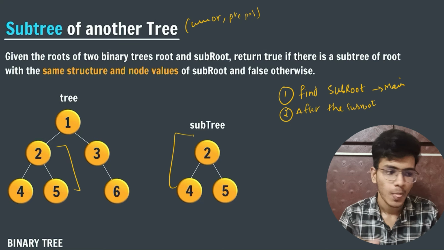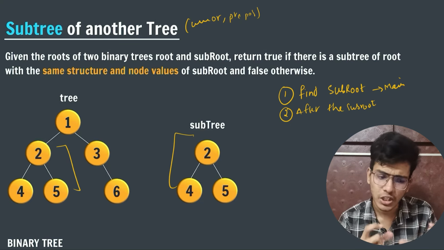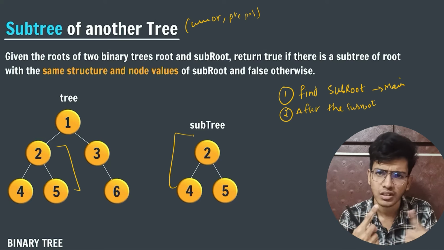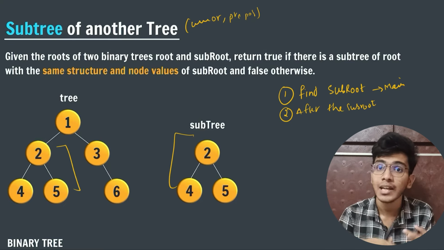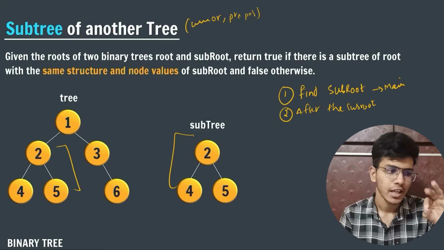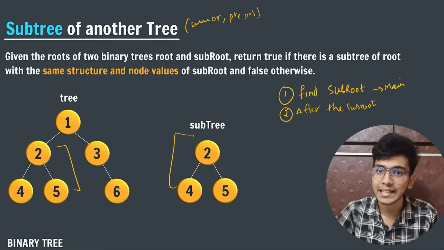Now how can I tell whether this subtree is identical to this part? To tell whether the tree is identical, instead of checking every condition that this should be same, this should be same, I am checking what are the conditions for not being identical. If I can point out even one thing, then I can directly return false.